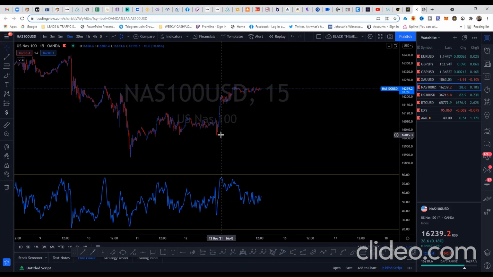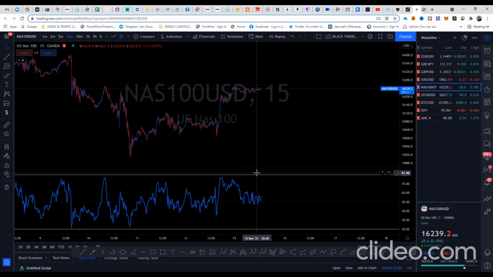It's going to give us an idea of what areas are mitigated or not mitigated, and what areas the banks are going to mitigate next. So I'll kind of explain that. And then we're going to plan our trades and use the Delorean EMA cross as added confirmation to get in on the trade.